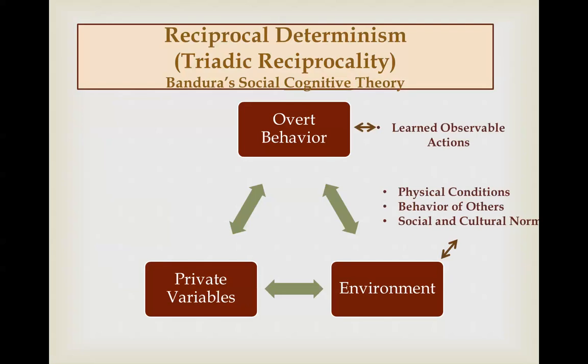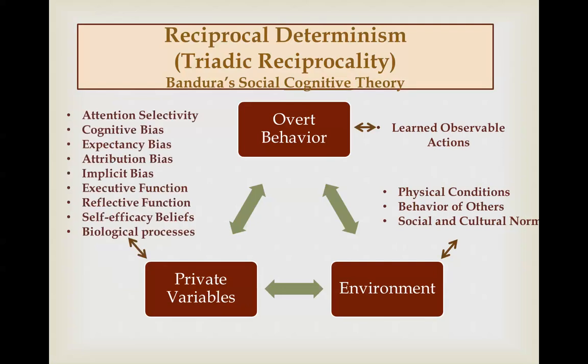All right, so brief definitions of two of the variables, but then Bandura emphasized what he called private variables. And I don't know that he addressed all of these terms, because some of them have emerged later in cognitive psychology over time.